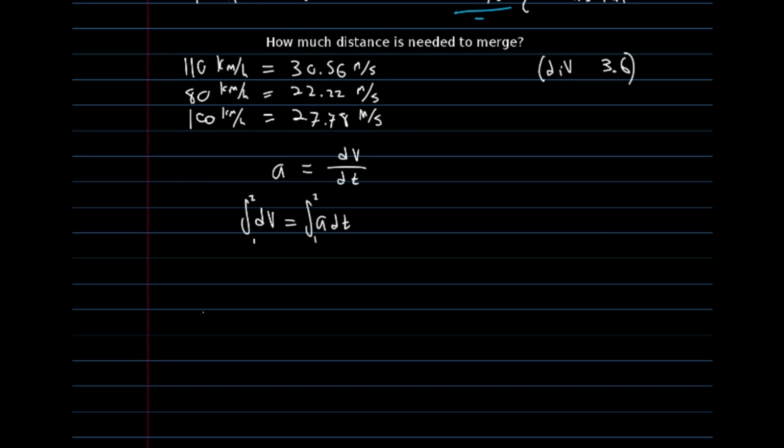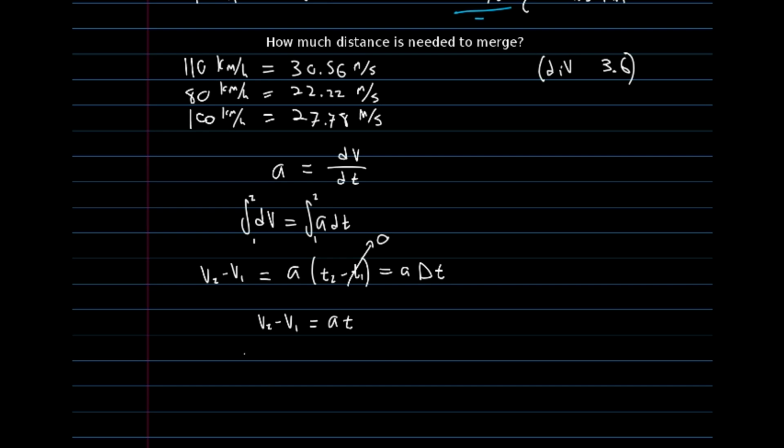We will get v2 minus v1 equals this acceleration, which is constant, so we'll have a times t2 minus t1, or a delta t. If we take t1 as being 0, the initial time is 0, then we'll say t2 equals just t. We can just basically say that v2 minus v1 equals at. Simple enough.